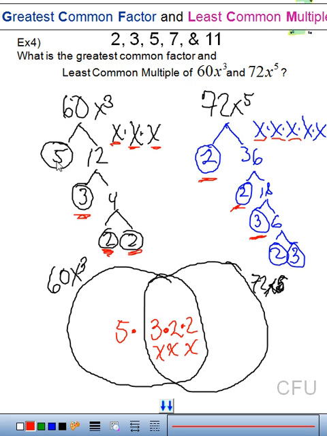What was left over here? Just the 5. Do we have any variables left over that we did not use? No. What's left over on this side of numbers? 2 and 3. So I write 2 times 3. How about, do we have any variables left over? What are they? X and X. Are we there so far?